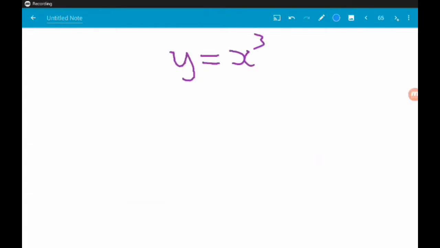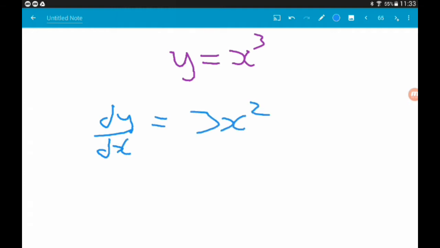Okay then, so here we're going to be dealing with y equals x cubed. So what we want to do is find the coordinates of the stationary point and classify it. So first of all, differentiate. So dy by dx is 3x squared.